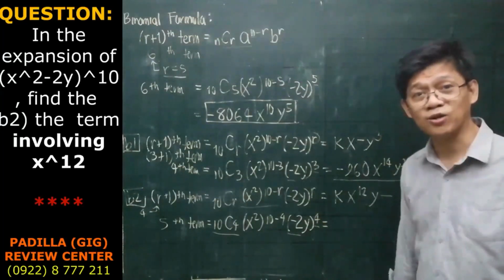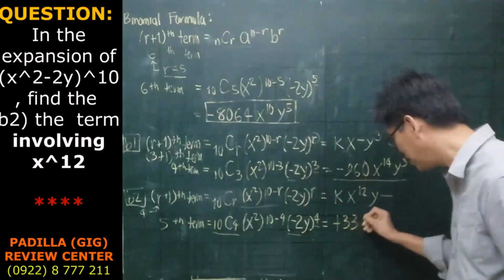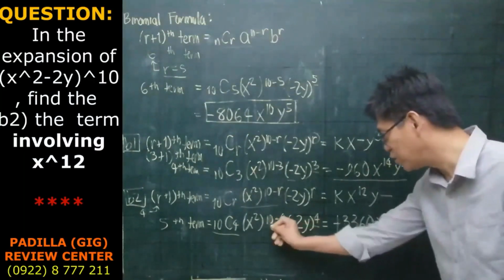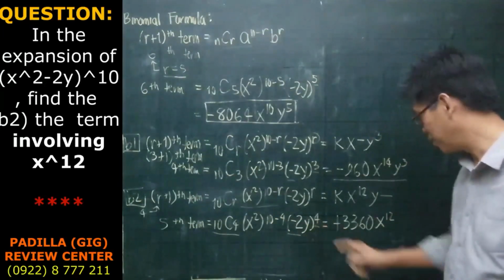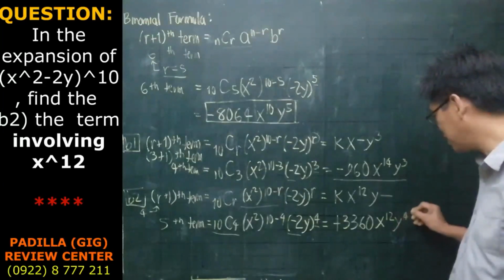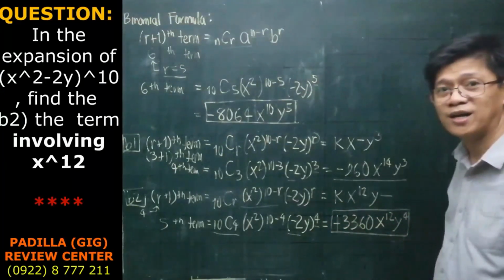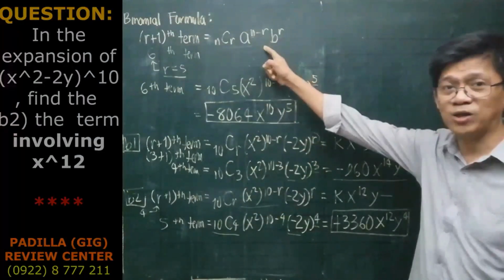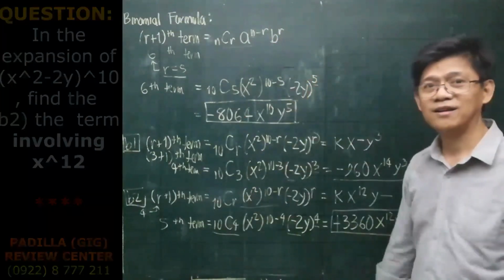On your calculator, it will give you plus 3360 x squared to the 6, which is x to the 12, y to the 4. So this is the term involving x to the 12. So always begin with a binomial formula and find your r. Clear?